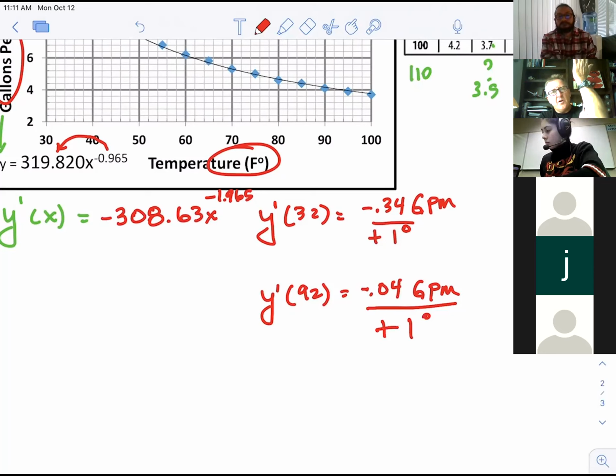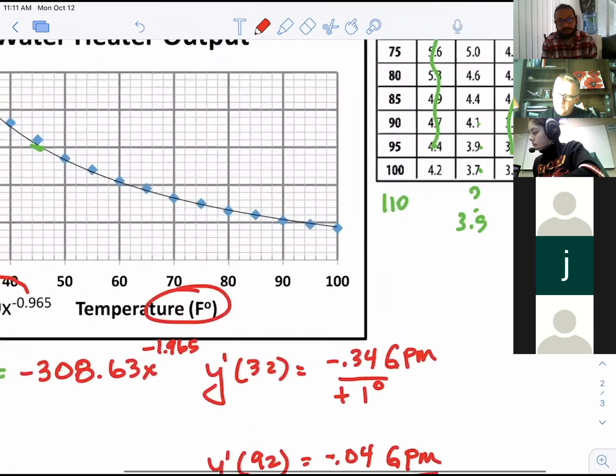If you need $92 and someone says, oh, I'm sorry, you need 93, well, whatever, I still need a lot of money, it's about the same. Notice you hardly lose anything out there. If you need to go up 1 more degree, pretty much the same. And that would be your answer if you were explaining to somebody on the phone how your system worked, to be like, it'll be pretty much the same production out there.